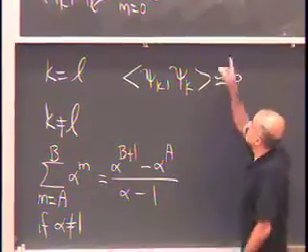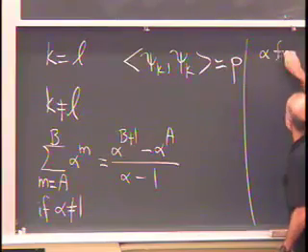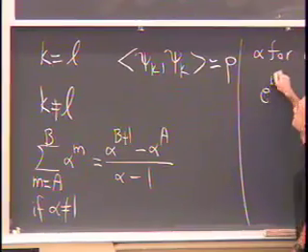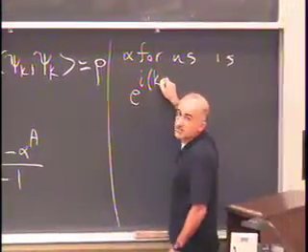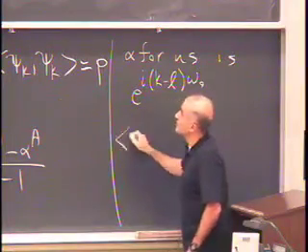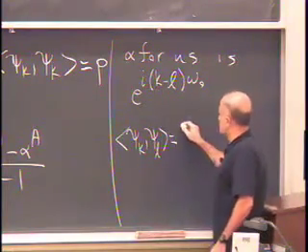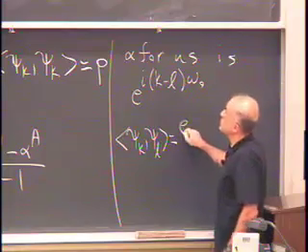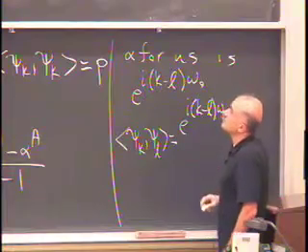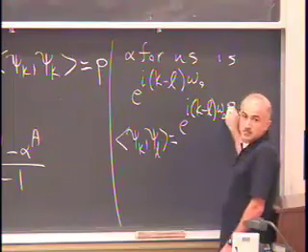Now, what is alpha in our case? Alpha for us is e to the I, k minus L, omega naught. Okay, so now we're looking at CK, CL. So it's going to be the upper limit plus 1: e to the I, k minus L, omega naught, upper limit plus 1, P. You agree?